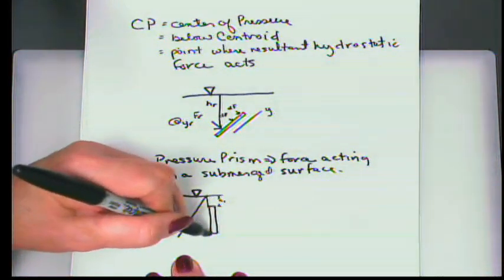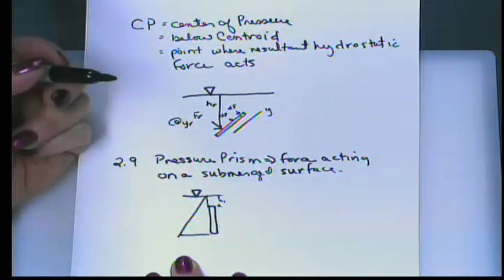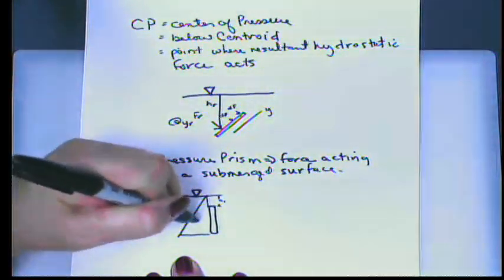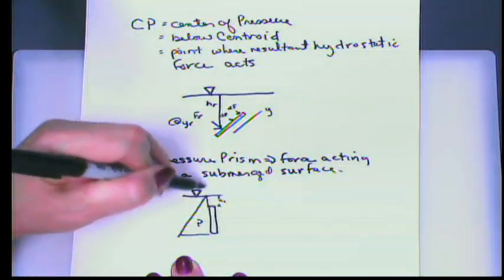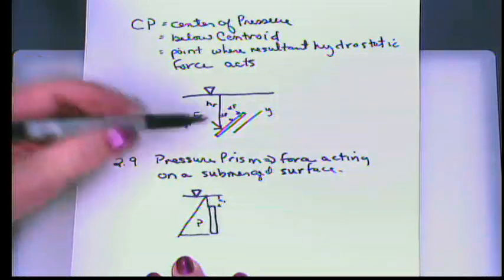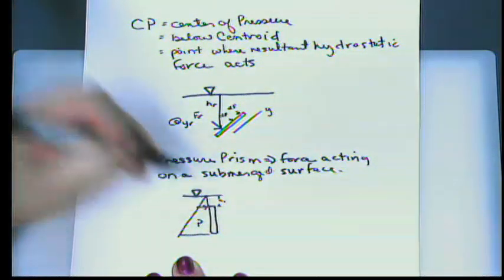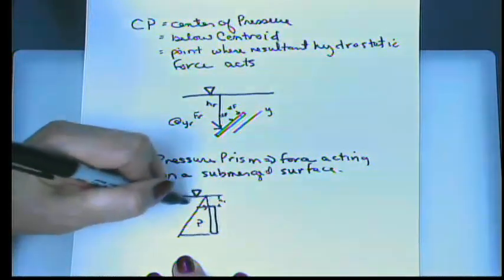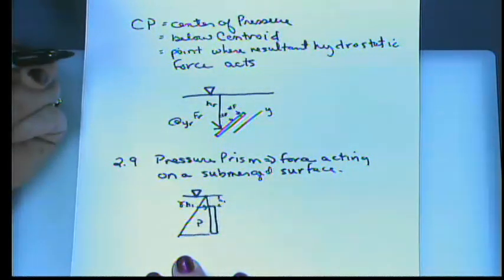And if we're talking about something that has a constant specific weight, then the pressure is going to look like this. In other words, the pressure is going to be equal to the free surface pressure at the top. But by the time we get to the top of the plate, it's equal to gamma times H1. Right? Because that's just hydrostatic.